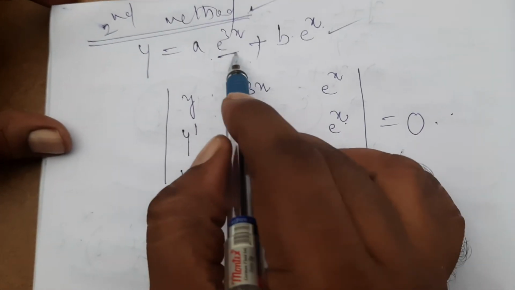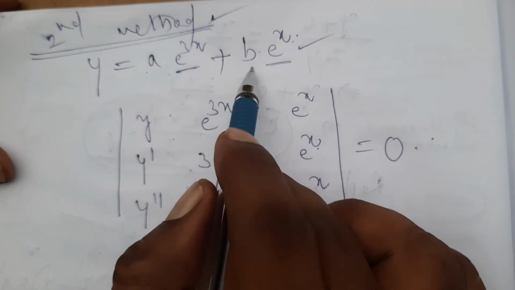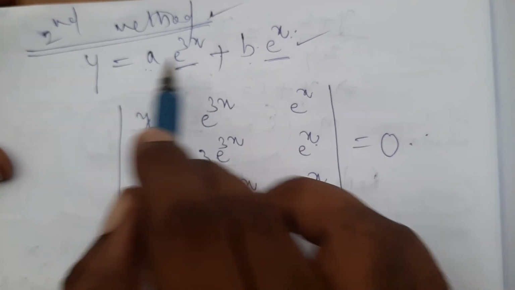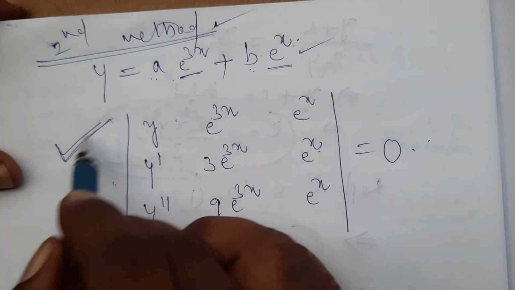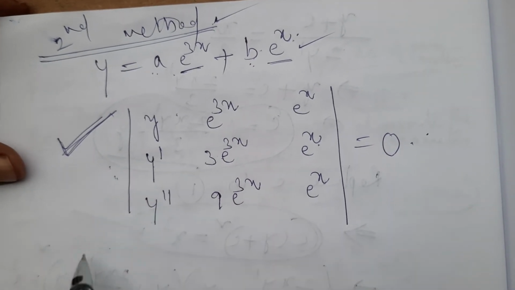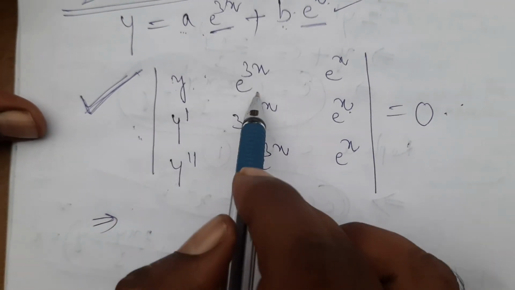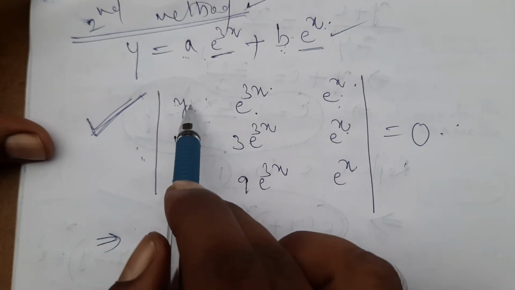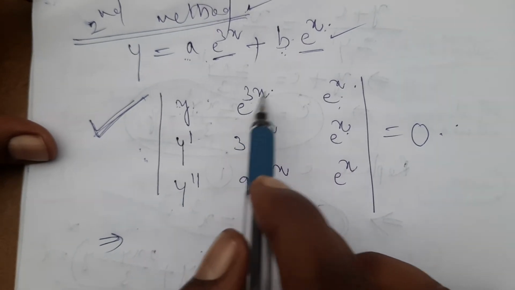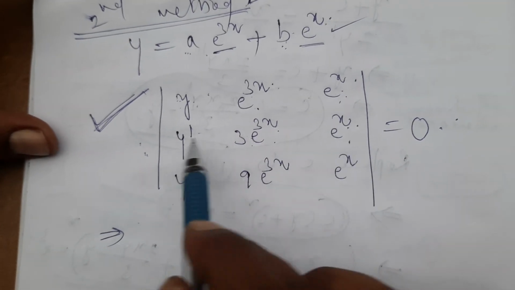Whenever the equation is given as e power some value with two arbitrary constants, two parameters, you can proceed with this method; it is a useful method from a comparative point of view. So the first row is y, e power 3x, e power x. Then differentiate this row: y dash, 3 e power 3x, e power x. One more time differentiate.